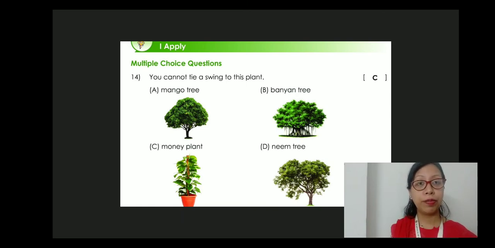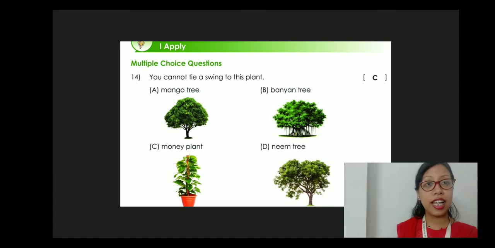Banyan tree is also a big tree. That means it is a strong tree. Then we have the money plant and the neem tree. Neem tree is also very strong. But what about money plant? Does money plant grow on its own? No. It needs support to grow upwards, right? Therefore, we cannot tie a string to a money plant because it has very weak stems. So the answer is C.